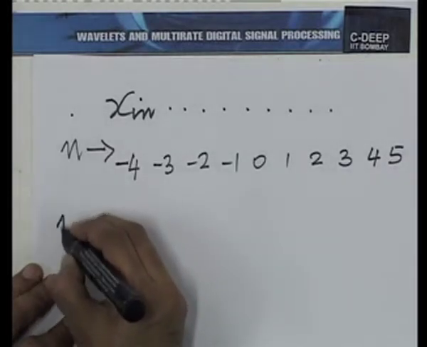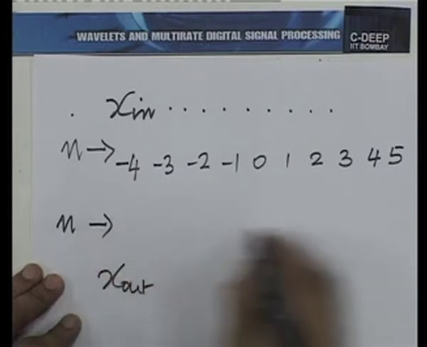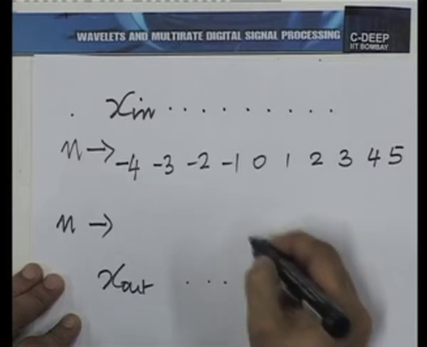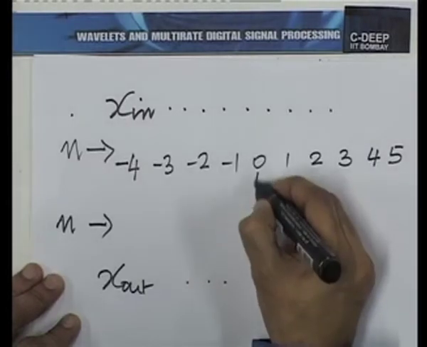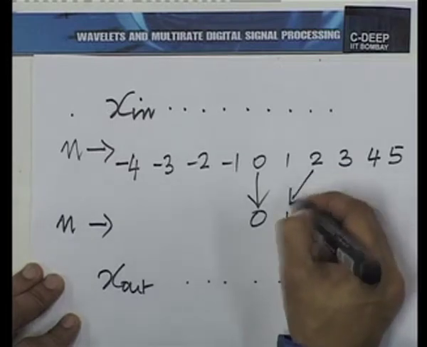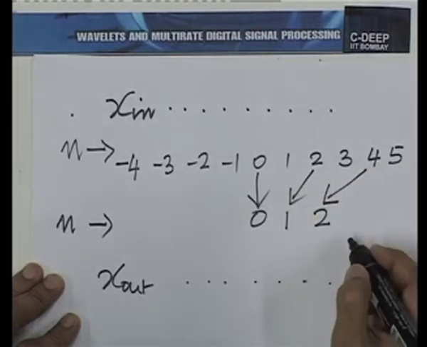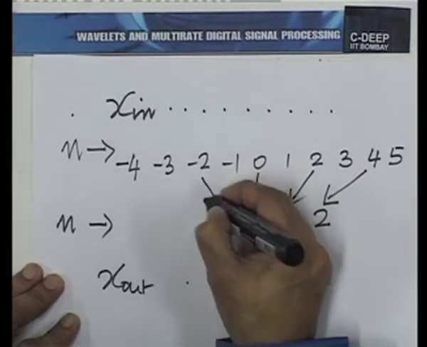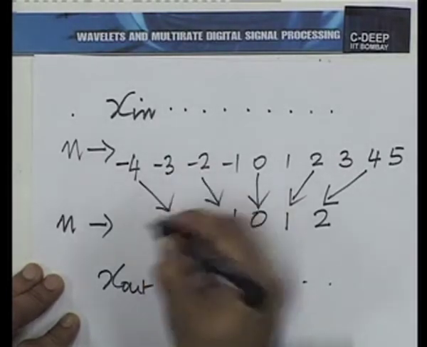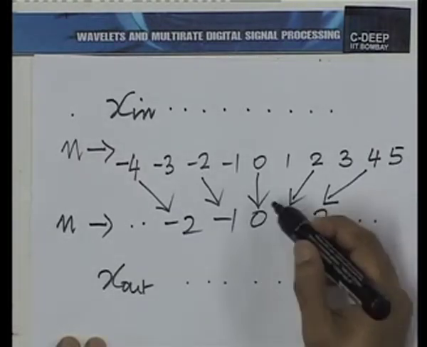As far as x out goes, you have the index for x out. 0 comes from 0, 1 here comes from 2, 2 here comes from 4, minus 1 comes from minus 2, minus 2 comes from minus 4 and so on. So, in other words, what are you doing?